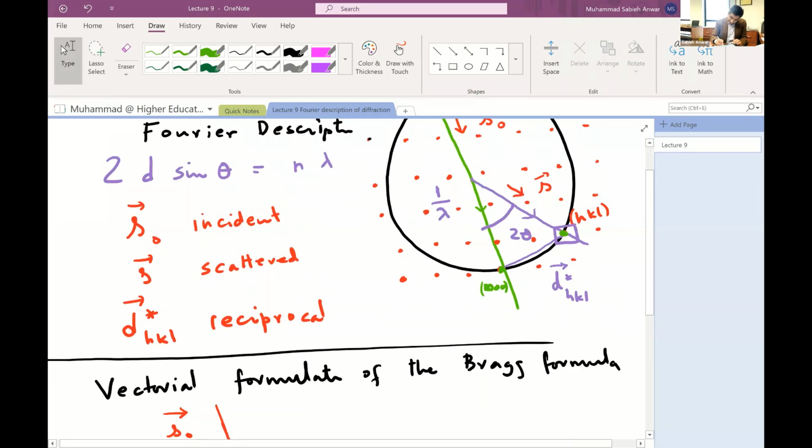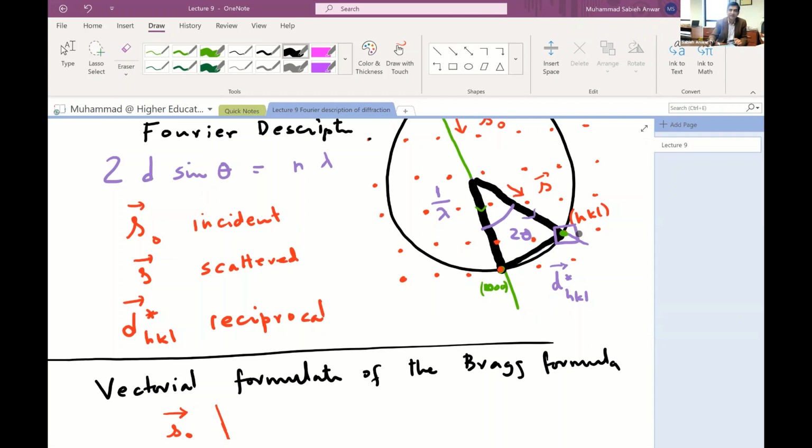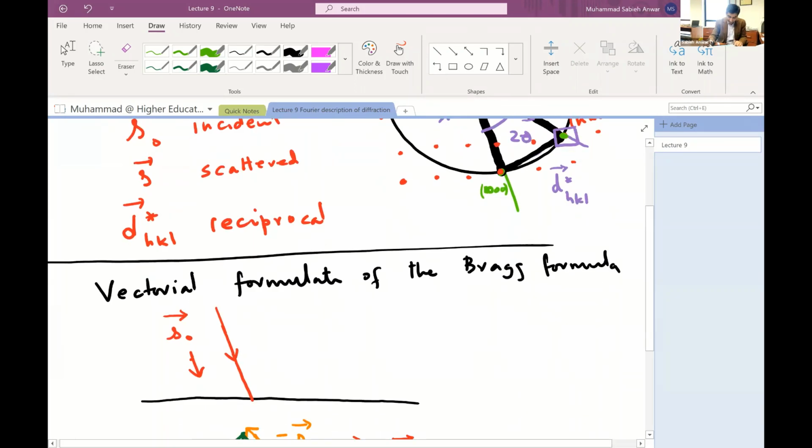So if I make a triangle, which I'm now showing in thick black color, we have three sides: S naught, S, and S minus S naught. And S minus S naught is the vector starting from the origin of the reciprocal lattice and ending at the HKL lattice plane. So it is indeed the reciprocal lattice vector.